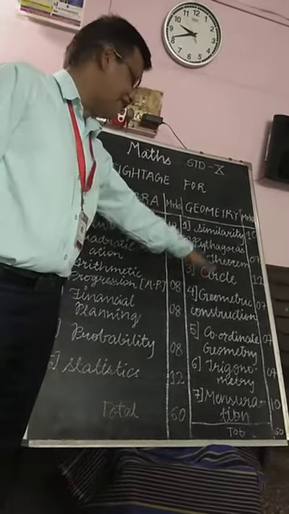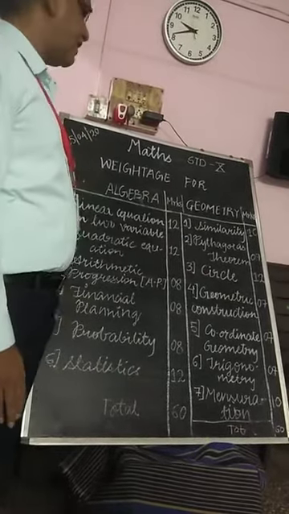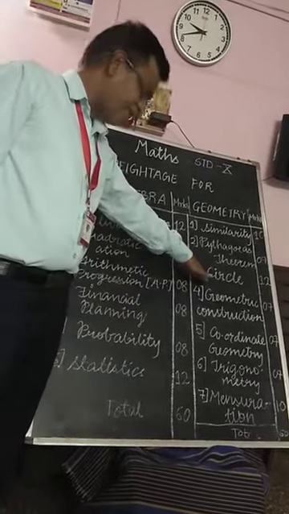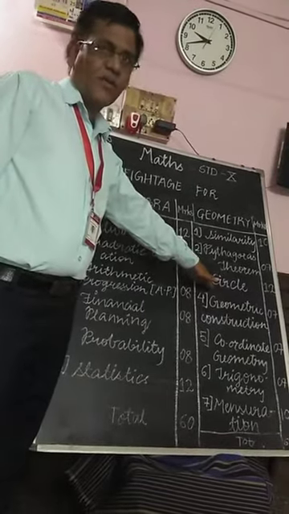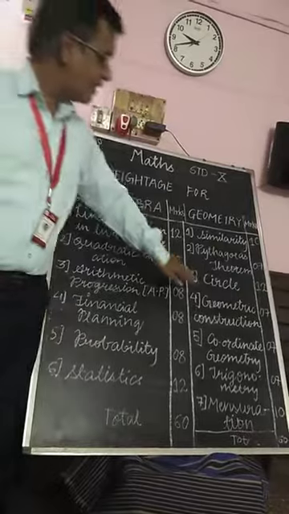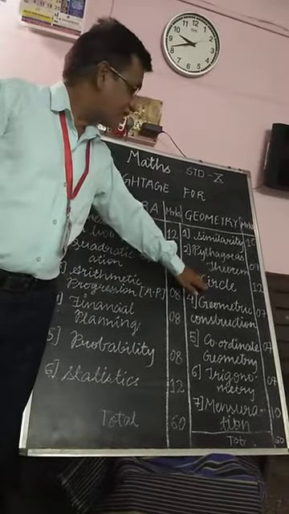By using those theorems you can solve the sums given in this circle. Circle is a very important chapter. It is a lengthy chapter and takes more time to cover, so you have to use maximum time to study it.